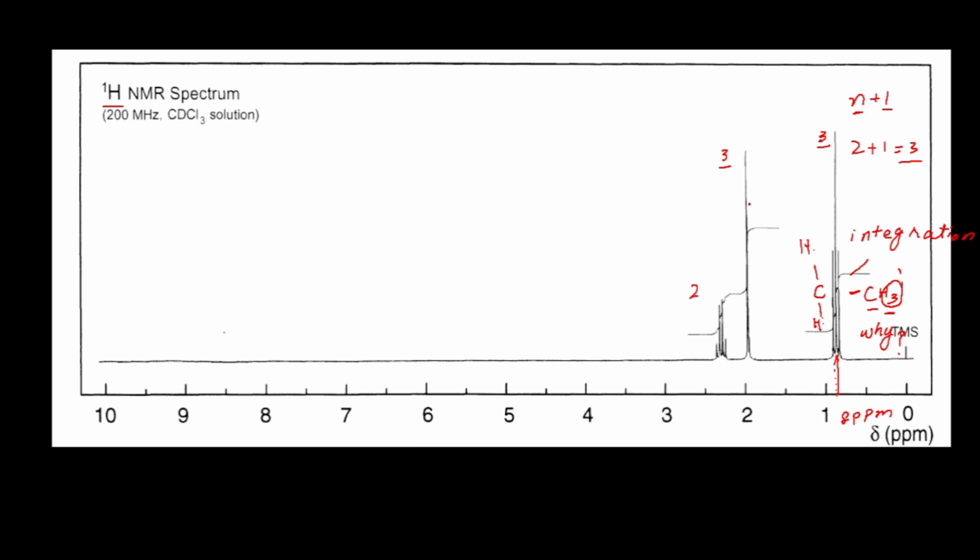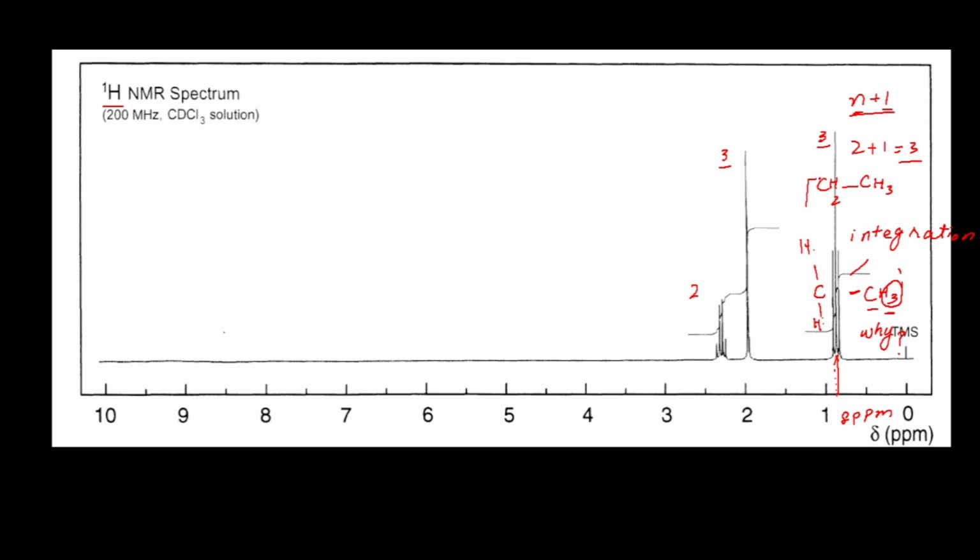Okay, here we got the integration value. This integration value shows that 3 protons are present here. So we got CH3 here, and the splitting pattern we find by the N+1 rule. This tells us that 2 neighboring protons are present, that is the CH2 group.